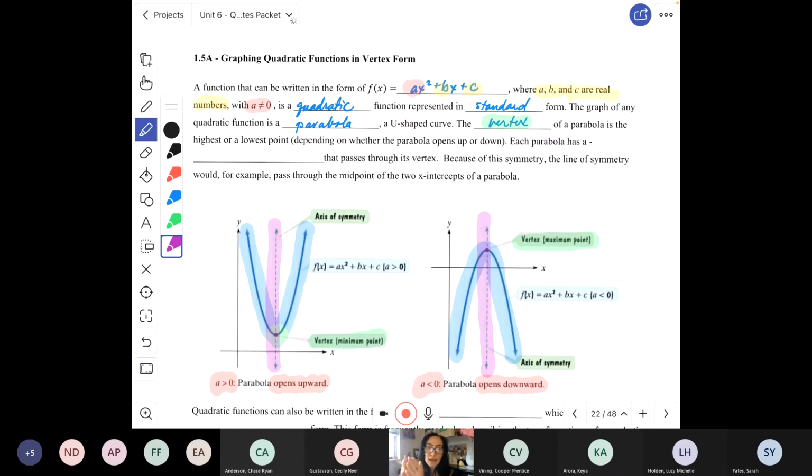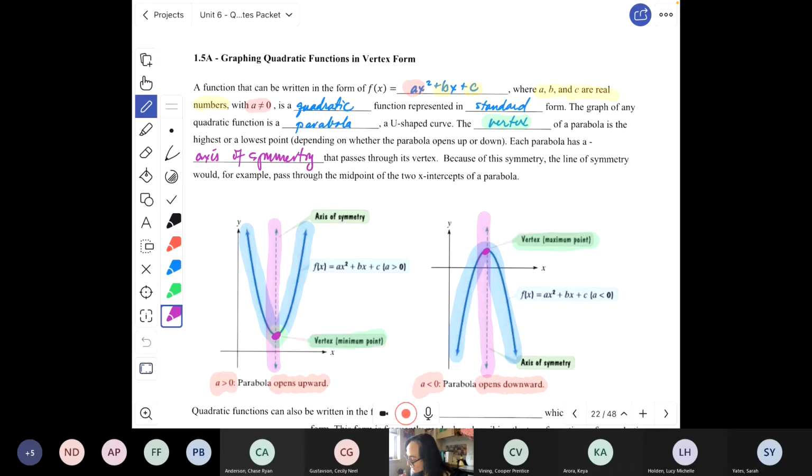Axis of symmetry, line of symmetry. You should also notice that this axis of symmetry passes through the vertex. It is not part of the graph, but it's a component, and it passes through the vertex.